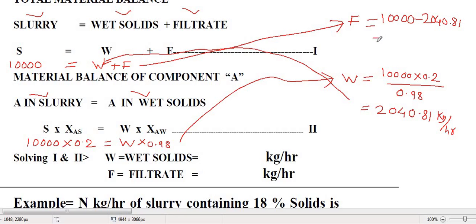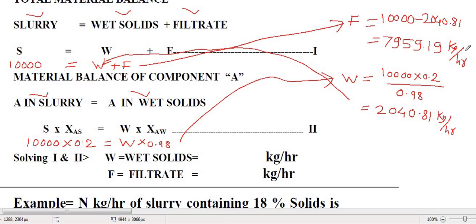How much is it coming? Just check it. 10,000 minus 2040.81. This value is coming 7959.19 kg per hour.